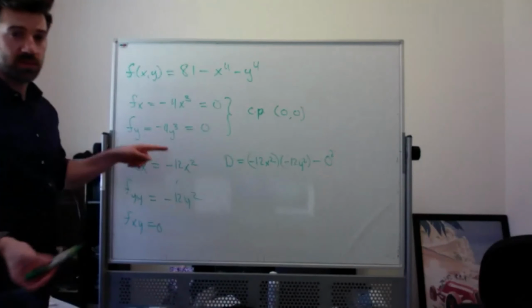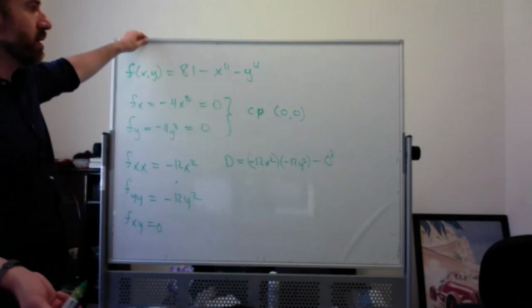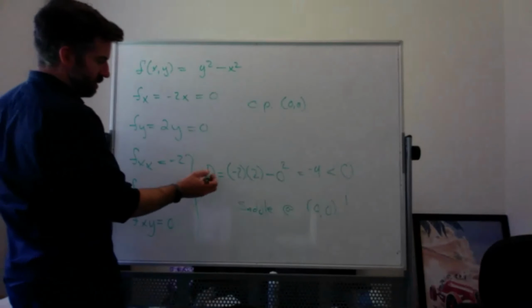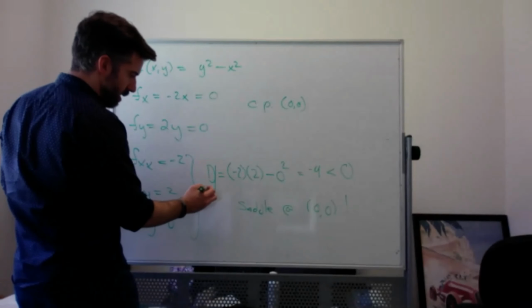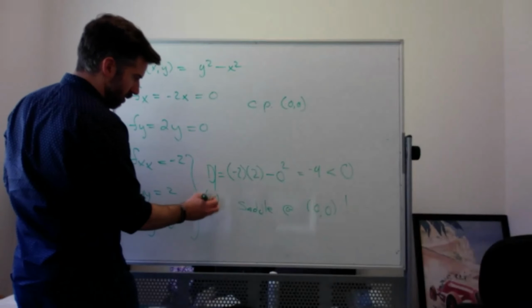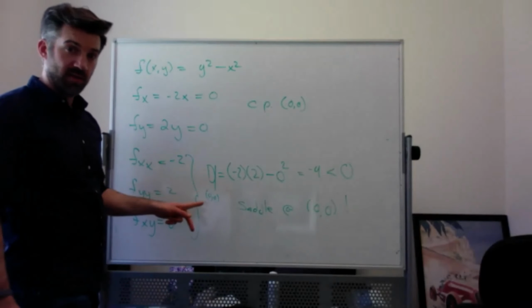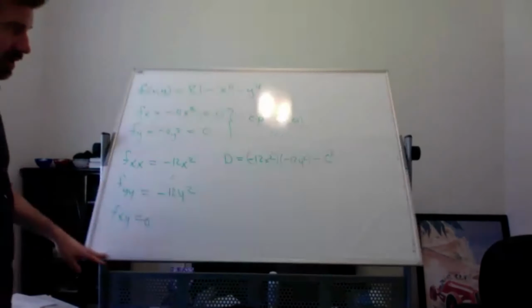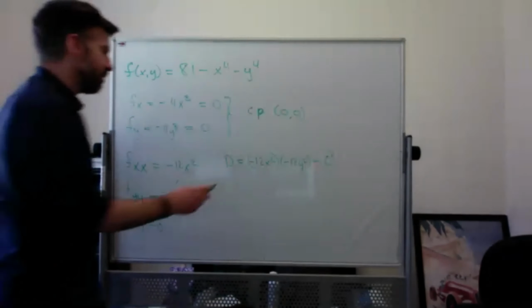Now, I should say this problem is slightly different in that in the previous one, let's go back for a second, I should have actually been saying I'm plugging in D at (0, 0). It's just that there was nowhere to plug in 0 for x and 0 for y, so I kind of ignored it. Here, we actually do have to plug in 0 for x and 0 for y. Look what happens.